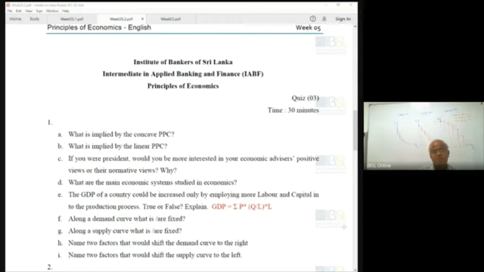GDP of a country could be increased. To increase GDP production, you employ factors of production, FOP: land, labor, capital, entrepreneurship, these skills and resources. By employing resources, you can increase GDP.